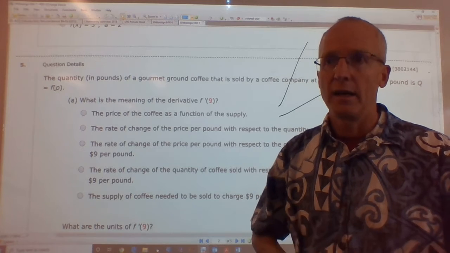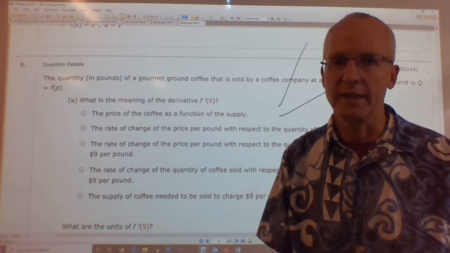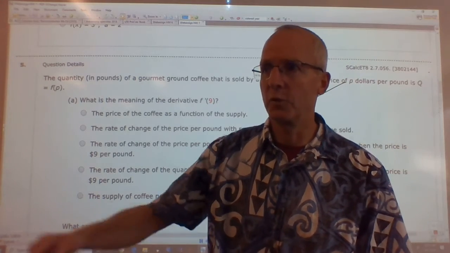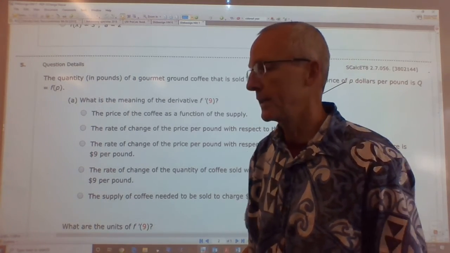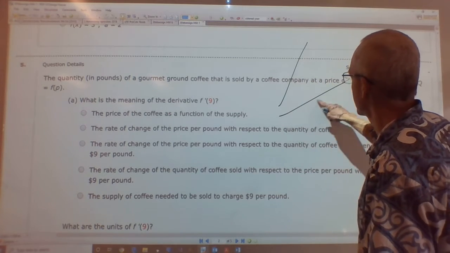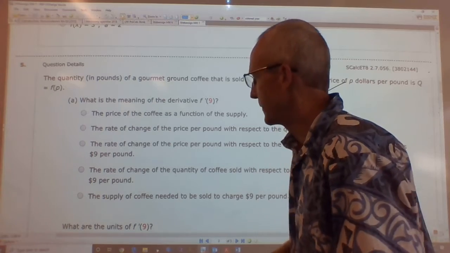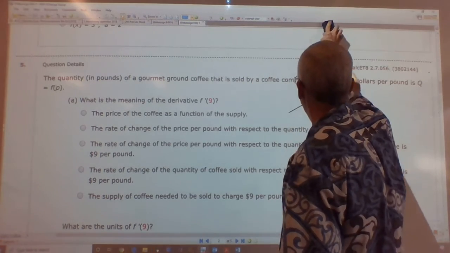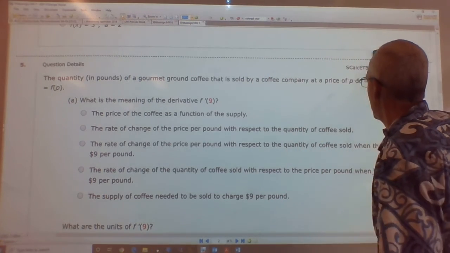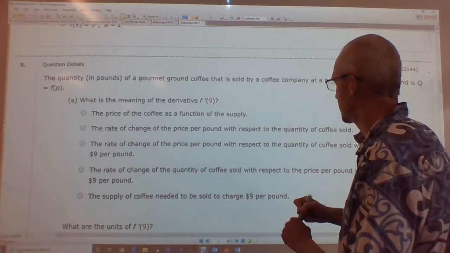Oftentimes it is. The derivative is how fast something changes with time, because that's an interesting thing, like velocity, how fast something is moving with time. But it doesn't have to be time. This is a big change, this is a small change, this is a negative change. It's going down. It's all about understanding that the slope is the derivative, how fast something is changing, whether it's positive, negative, or not changing at all.